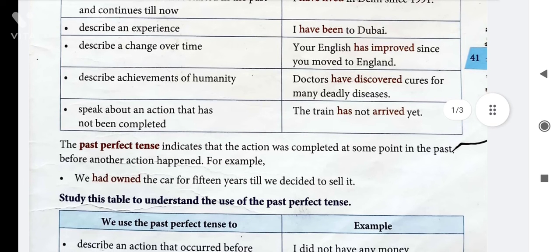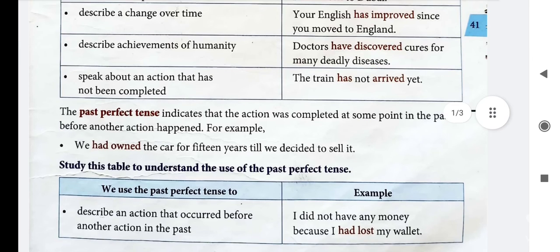So that is present perfect tense. The last point is to speak about an action that has not been completed. Now, whatever the action or event is not completed. Okay? For example, the train has not arrived yet.